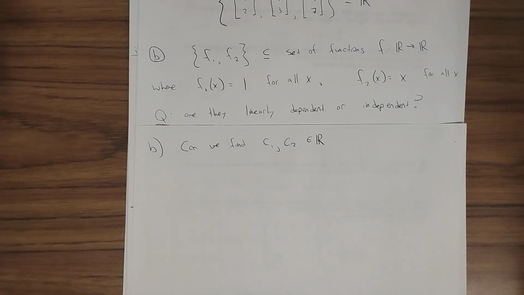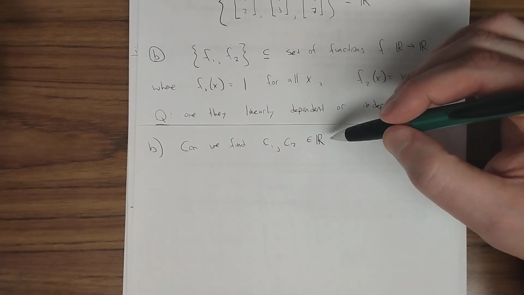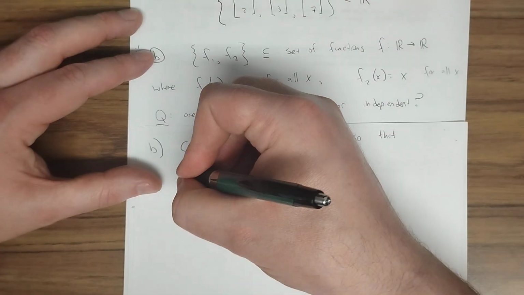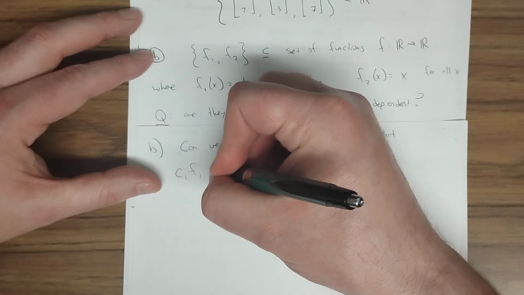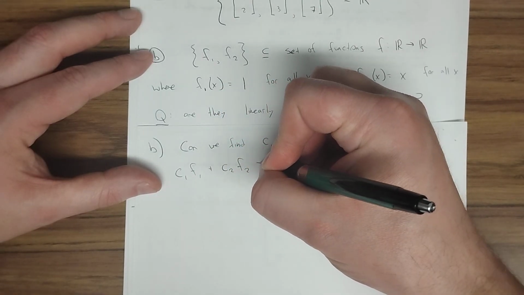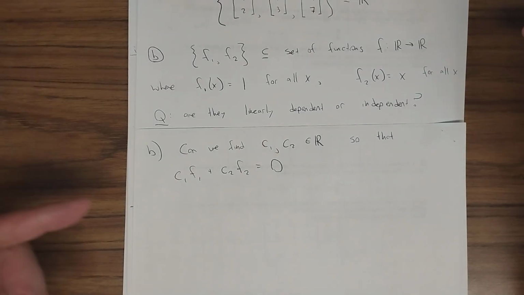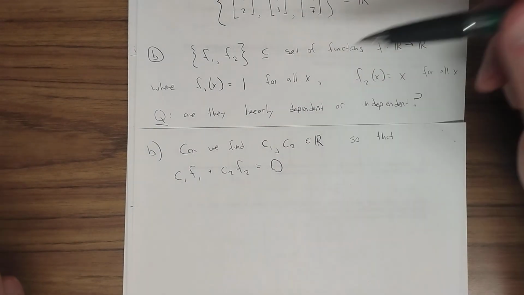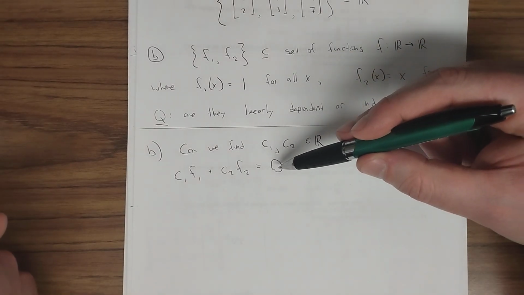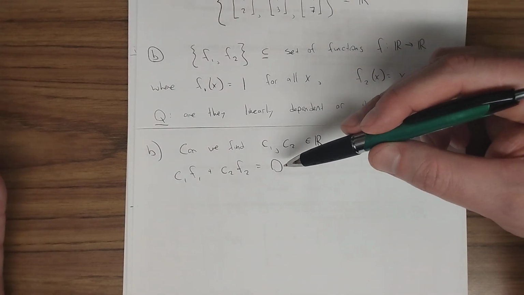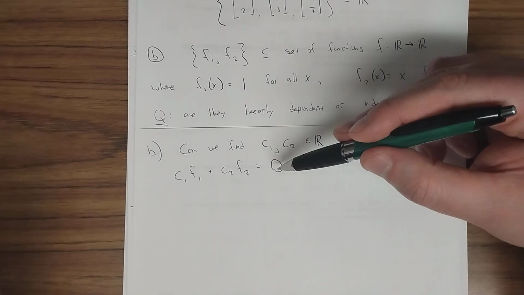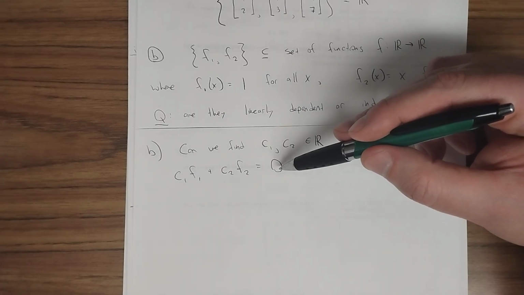So the question is, can I find C1 and C2, that are real numbers, so that C1 times my first vector plus C2 times my second vector equals the 0 vector. And when I write 0 here, of course, the 0 vector, when we're talking about this vector space of functions, is the identically 0 function, the function like g of x equals 0 for all x.